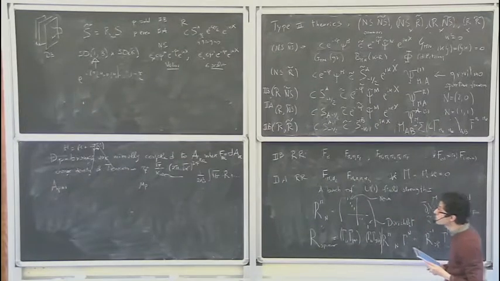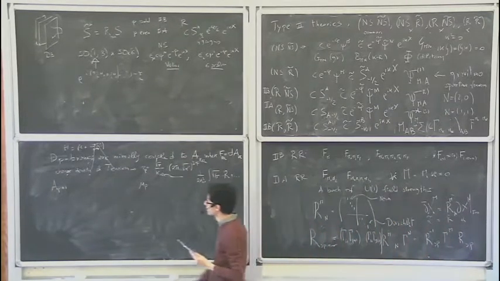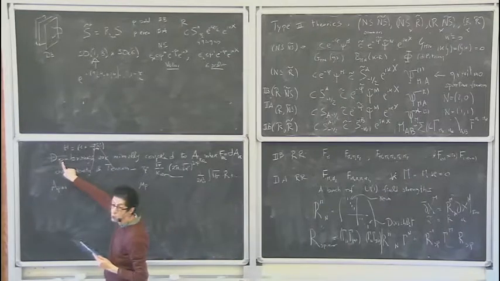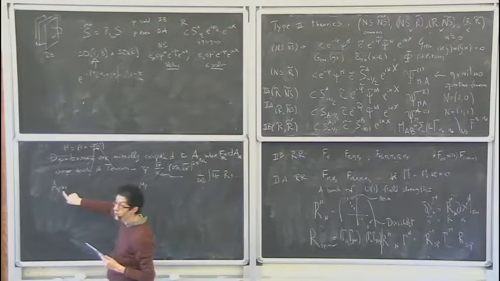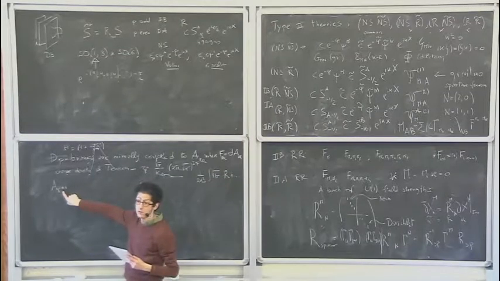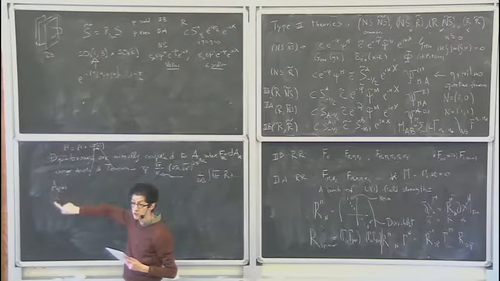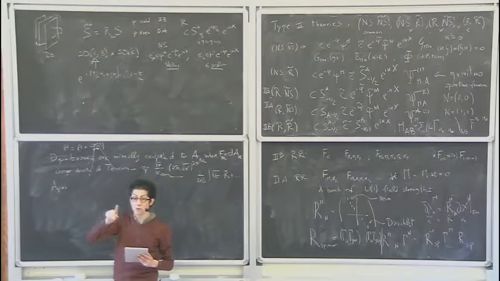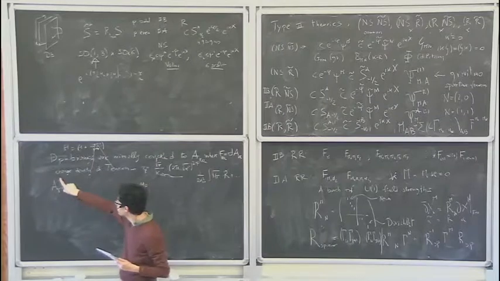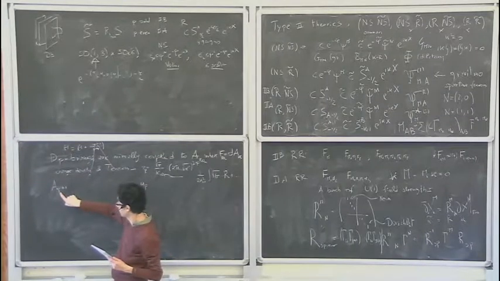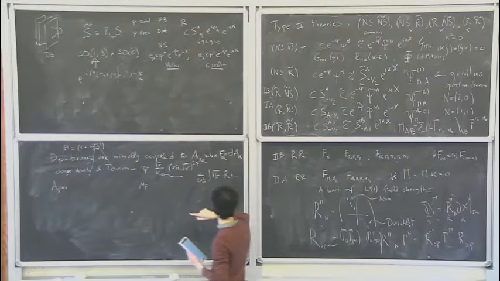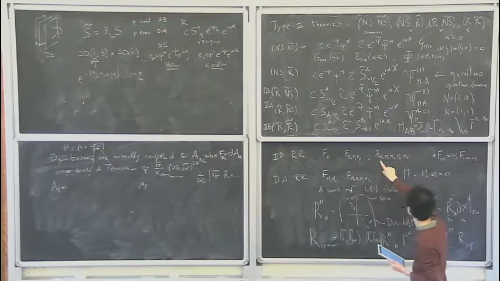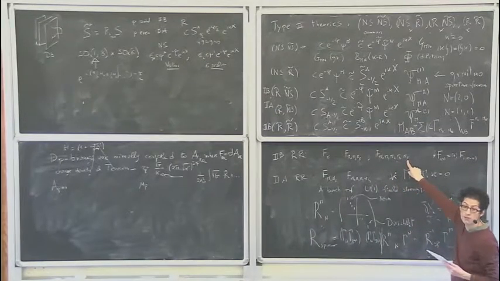Right. So the D3 brane, the case where p is 3, you have 3 spatial directions. It is charged under a 4-form gauge potential, which has the indices along the brane volume, 0, 1, 2, and 3. And the field strength of this 4-form gauge potential is a 5-form field strength, which is exactly this self-dual object.